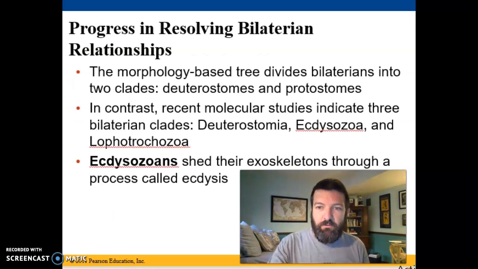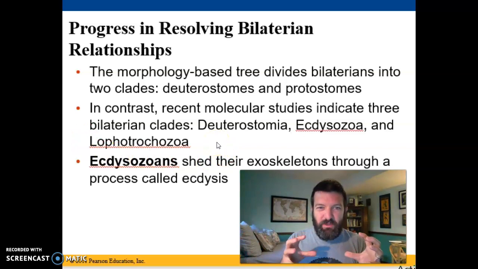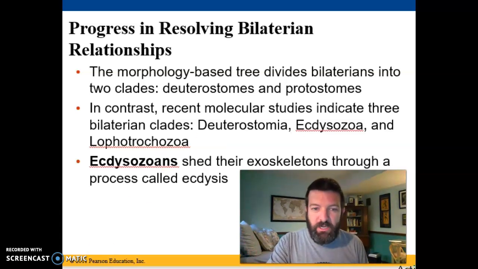Within Bilateria, our molecular phylogeny creates this new group called Ecdysozoans, which pairs arthropods with nematodes again. So instead of being paired based on their segments, they're paired based on ecdysis, this process of molting. And we have this group Lophotrochozoa, which crams a bunch of different groups together that we thought were separate, looking just at morphological characteristics, but molecularly it looks like they all belong together.